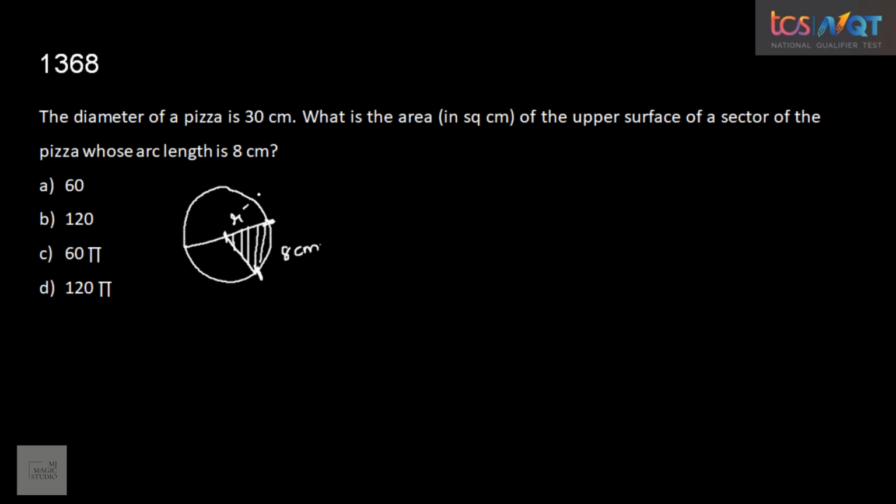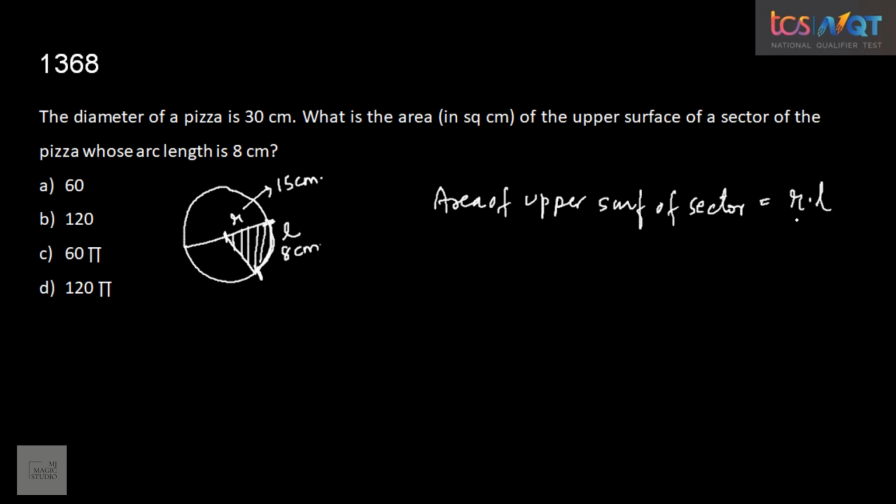Or radius is also known. Radius is 15 centimeter now. Now, for instance, let's suppose the arc length is L and the radius of the circle is R, then area of upper surface of sector is simply given by the formula R into L by 2, where R is radius of the circle and L is the length of the arc.